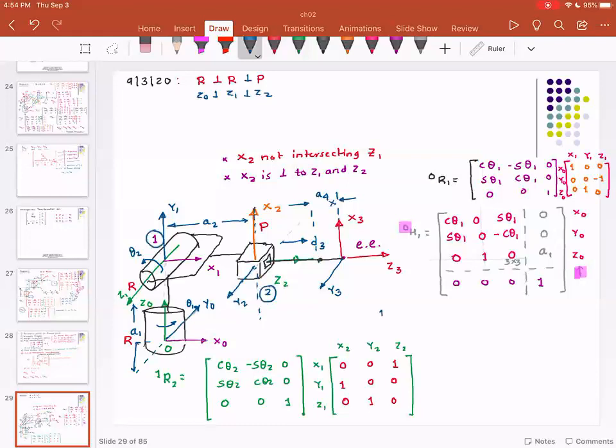Recognize frame 1 and frame 2 do not satisfy all the 4 conditions. So what I'm going to do is, in my mind, I'm going to translate, and this is super important, frame x2 onto x1.